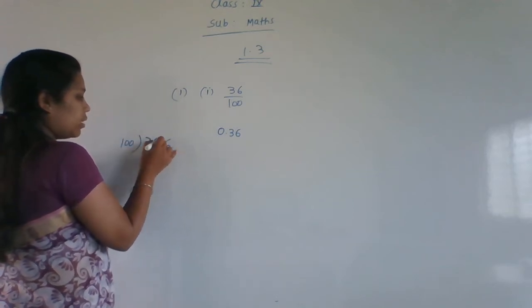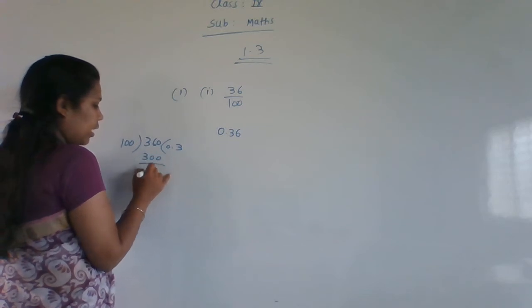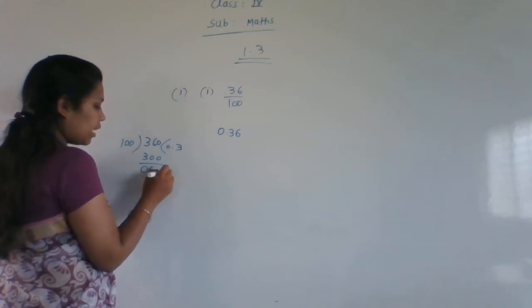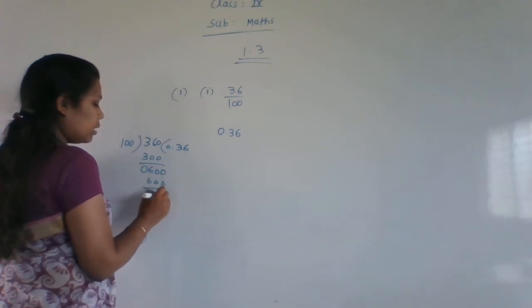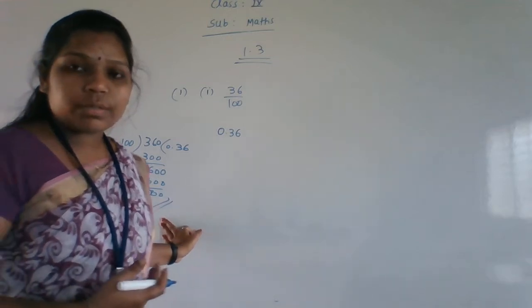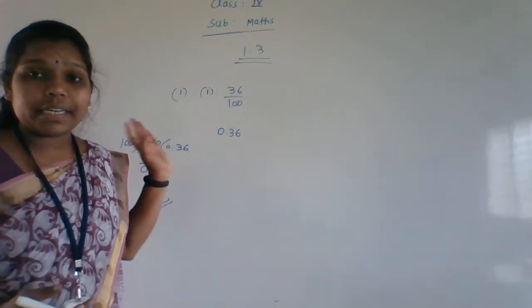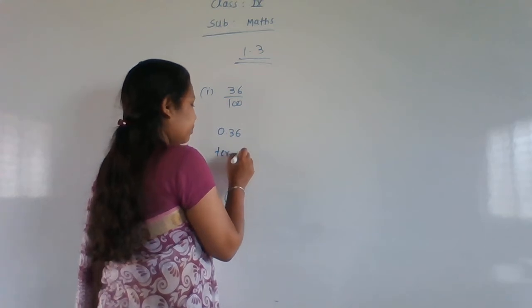Put a point here. 100 threes are 300 and 60 is the remainder. For this point again I am taking a 0 here. It is 600. And what is the remainder here? Remainder is 0 here. Remainder 0 means it is a terminating decimal expansion. Right, terminating.